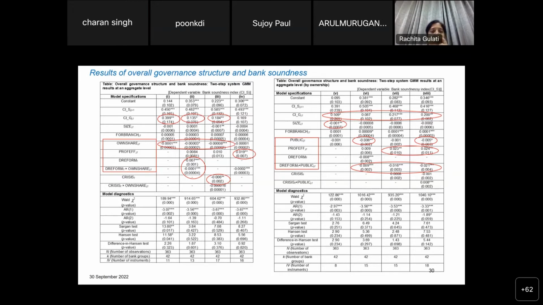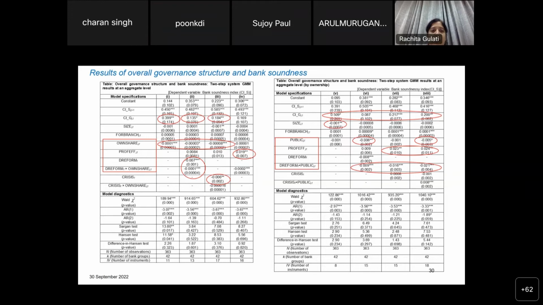As far as our primary hypothesis related to the governance structure and overall bank soundness is concerned, the results reveal that the governance structure predicts bank soundness in India. With respect to the linkage with efficiency, we note that the more profit efficient banks are sound enough to hold the capability of absorbing shocks.